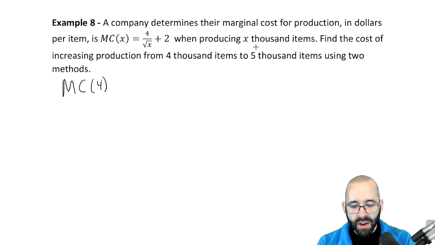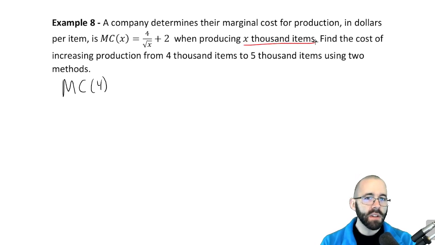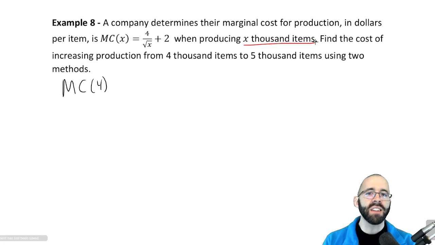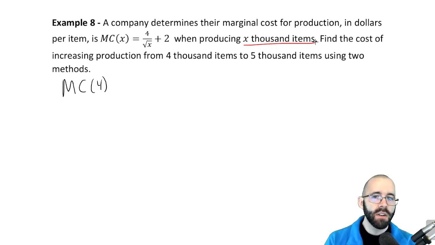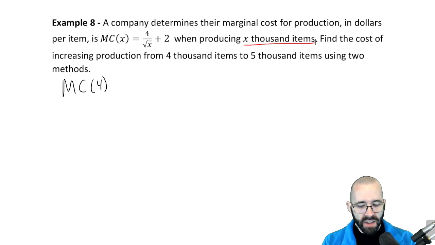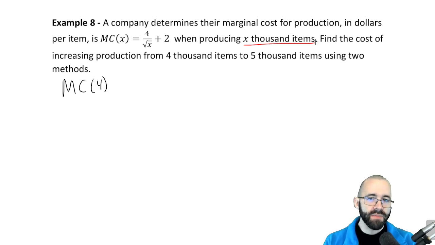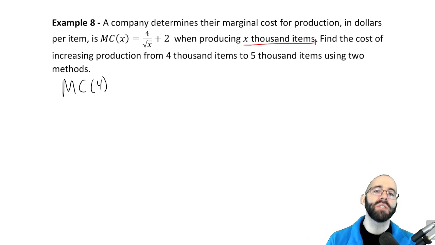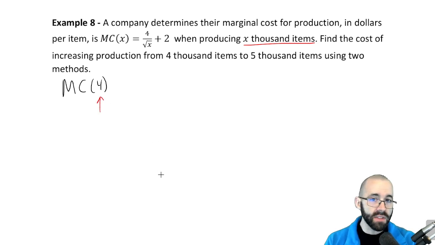Because x is in thousands of items, it's actually going to give us the extra cost of the next 1,000 items. So when it says find the cost of increasing production from 4,000 items to 5,000 items, that is literally just the marginal cost at 4. That's the extra cost, the cost of the next 1,000 items, because our units are in thousands.